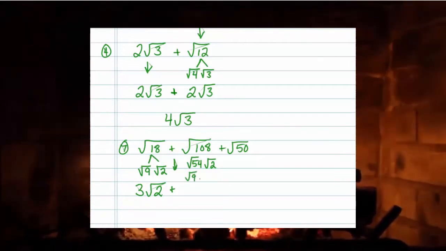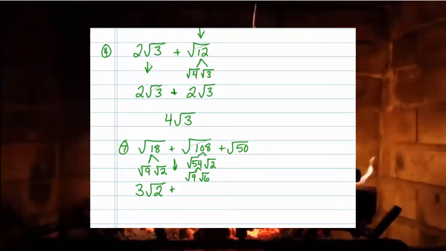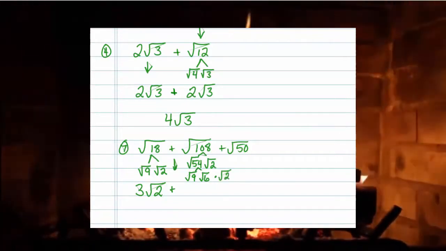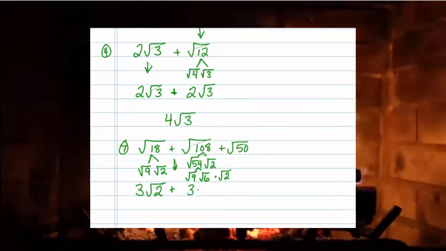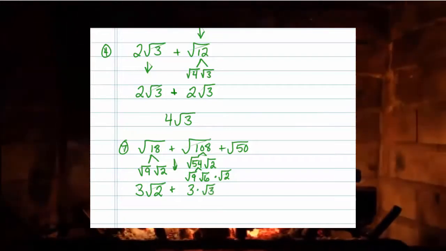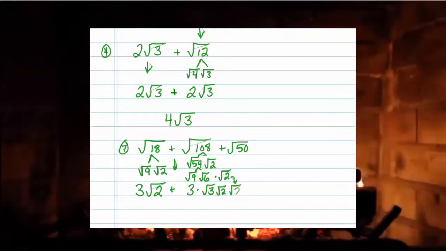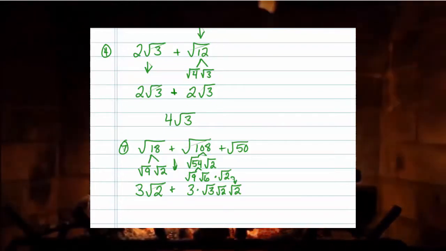Square root of 54 simplifies down to square root of 9 times the square root of 6, which is still going to be multiplied times the square root of 2. The square root of 9 is 3 times the square root of 6, which is the square root of 3 times the square root of 2. And I still need to bring down my square root of 2.